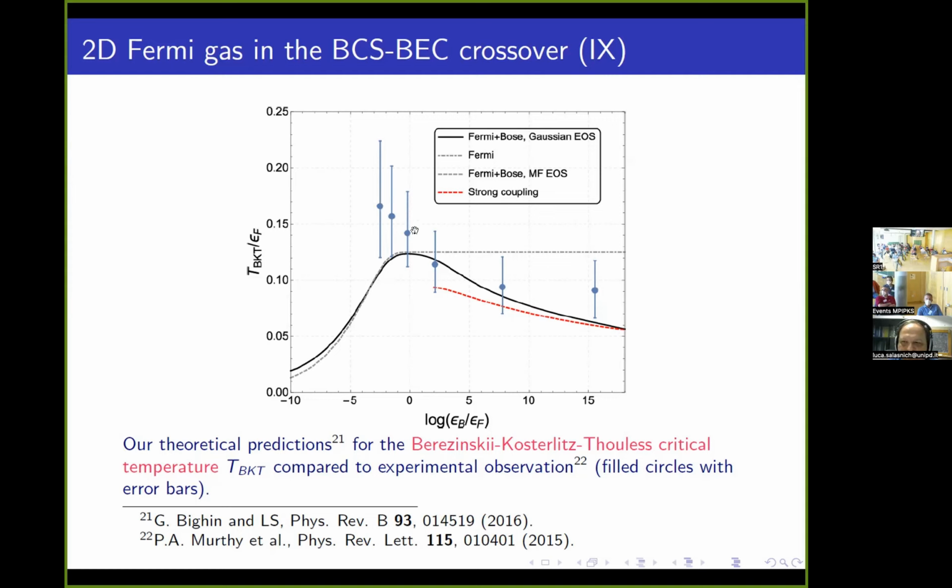It's 3 points here. However, I will say that again, the inclusion of Gaussian fluctuation is crucial to get a relatively good comparison with the experimental data.